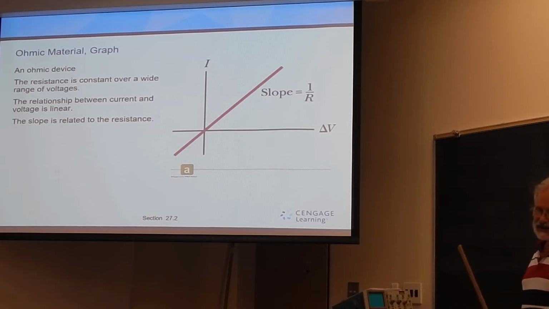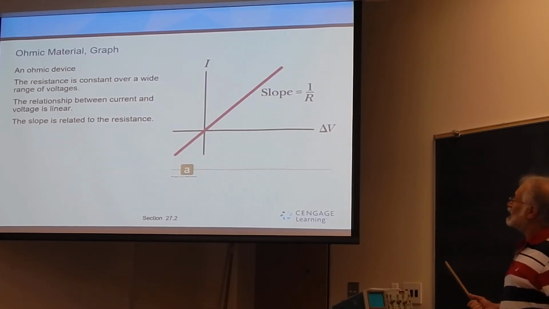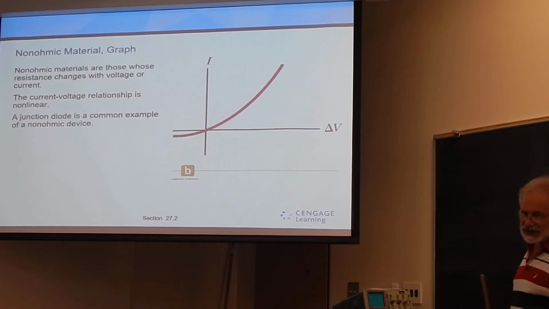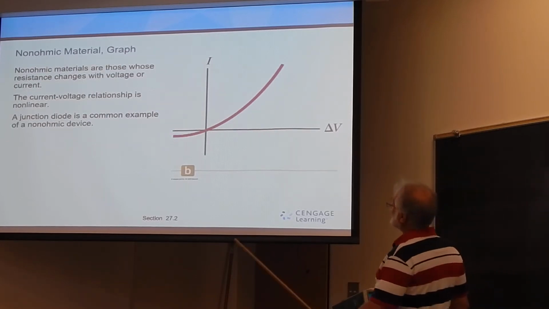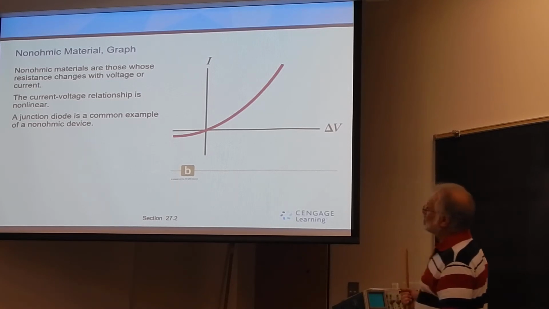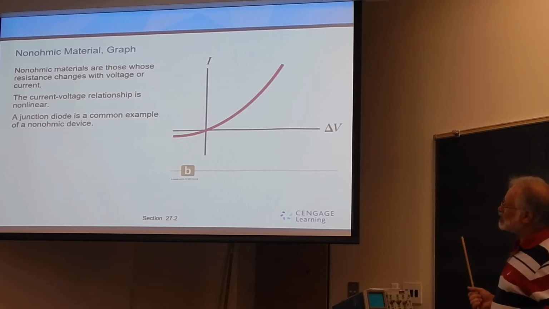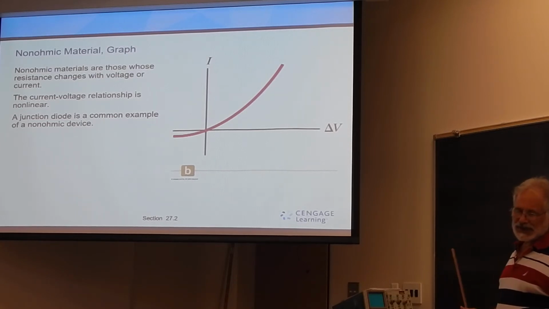But be that as it may, this is one way of describing the linear relationship between voltage and current in ohmic materials. In non-ohmic materials, we see more of a non-linear relationship. A good example of a non-ohmic material is a junction diode. We'll talk a little bit about them when we do AC circuits.